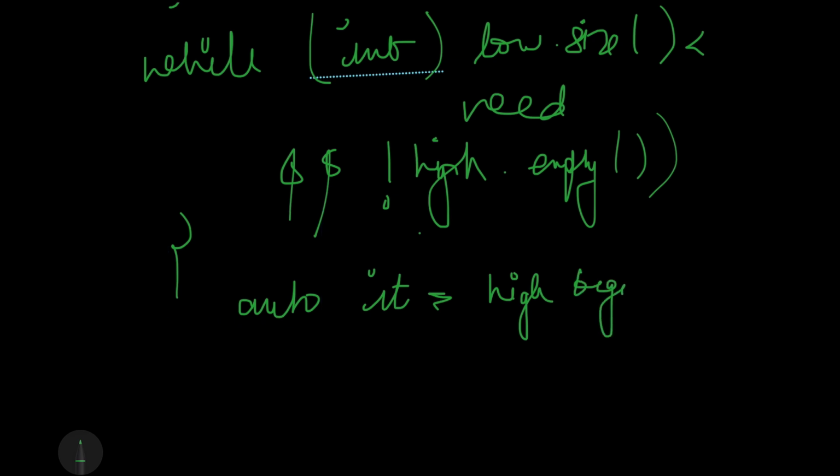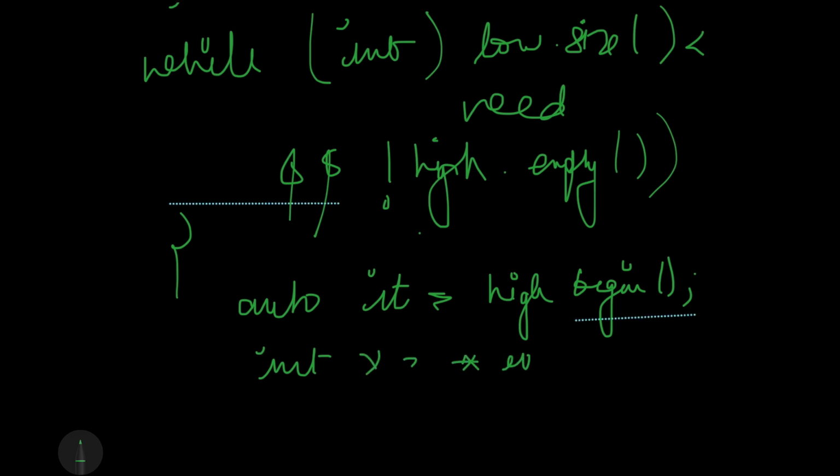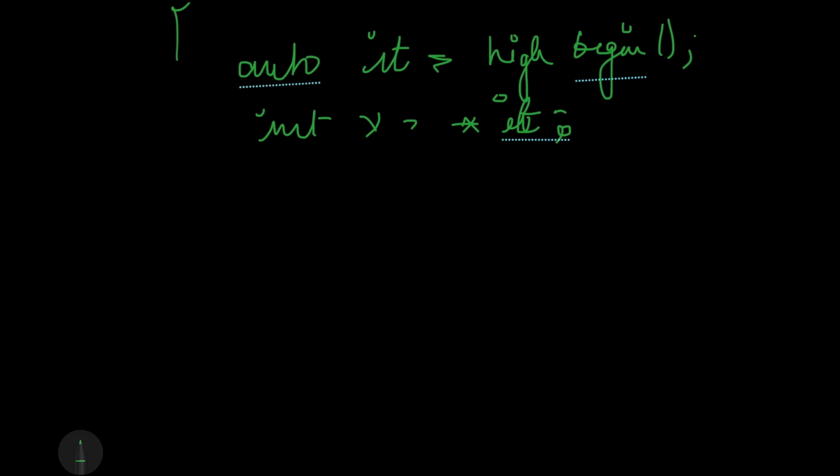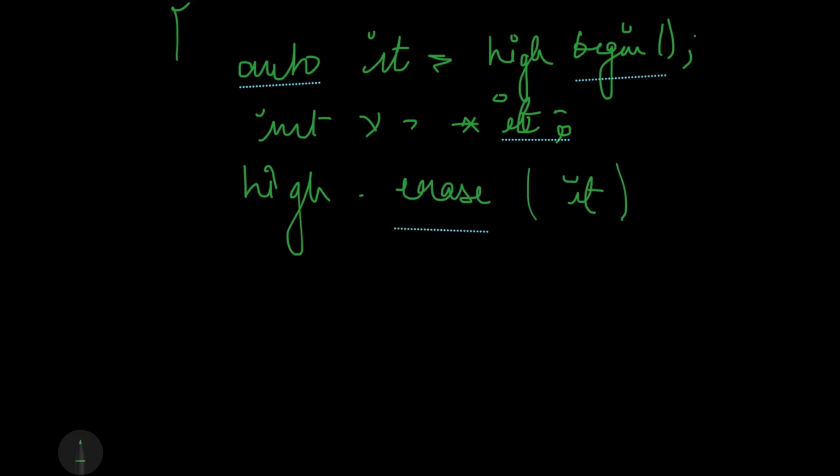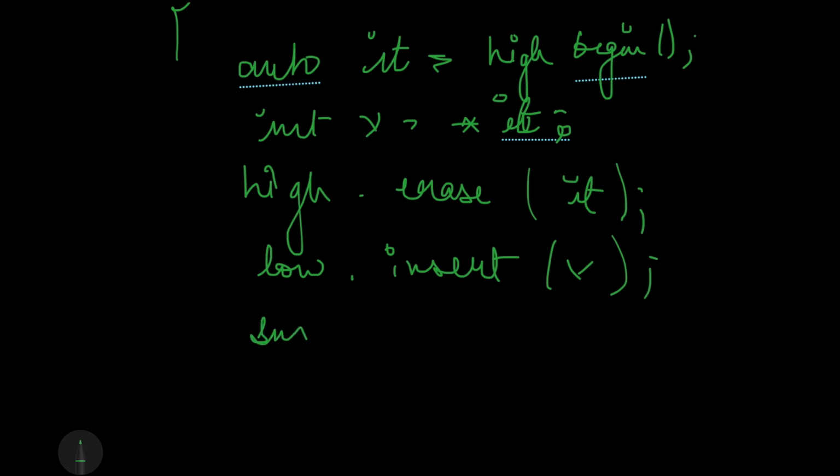That is the opposite of what we have done. So if low has many elements, we'll move from low to high, and if high has more elements, we'll move from high to low. And why are we doing it? We are doing it to find the smallest k elements.